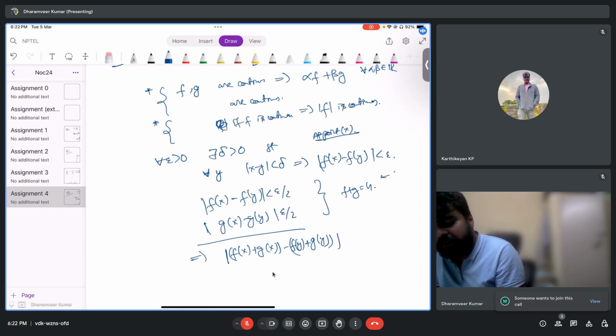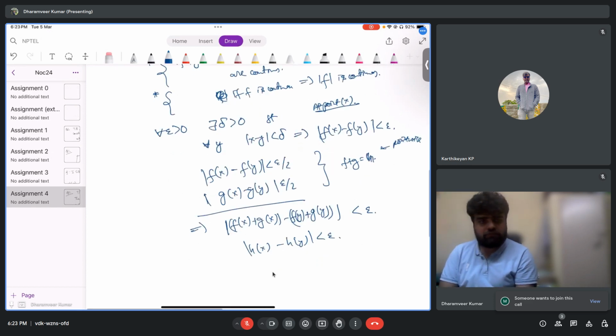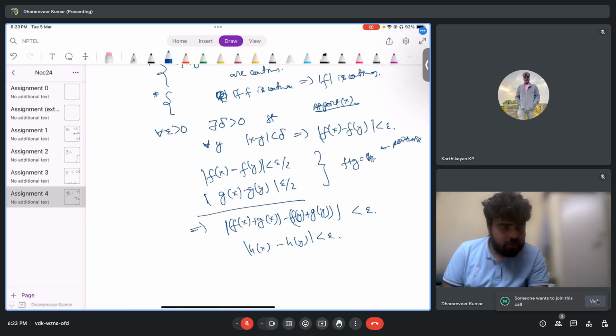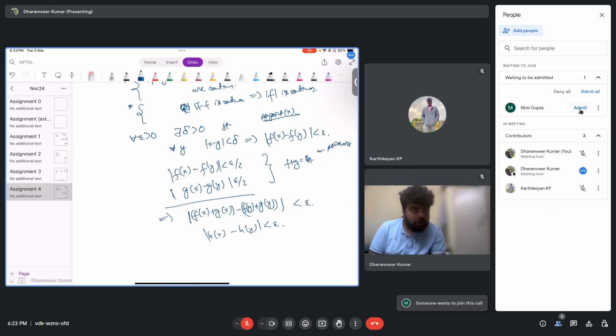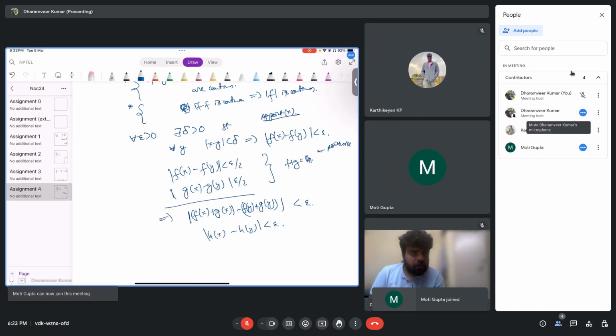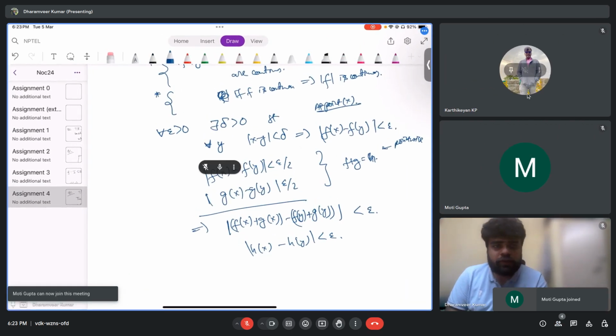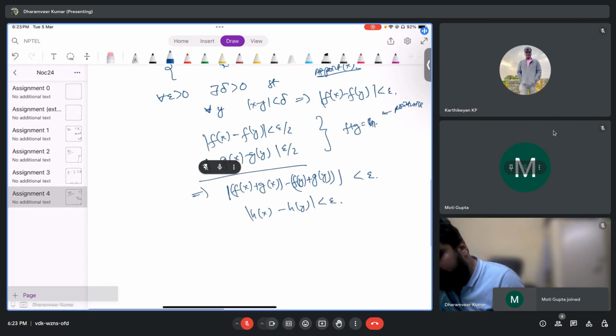You can do the pointwise definition. This means h of x minus h of y, this is very simple.